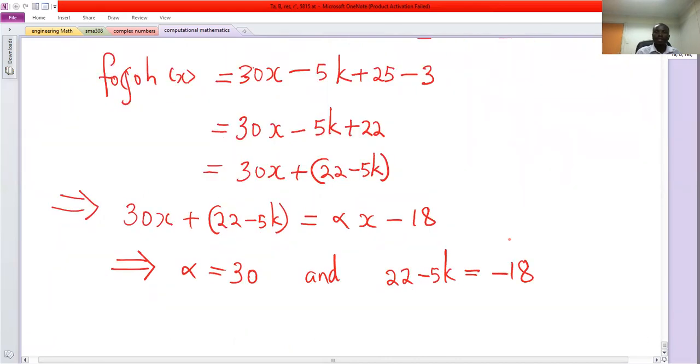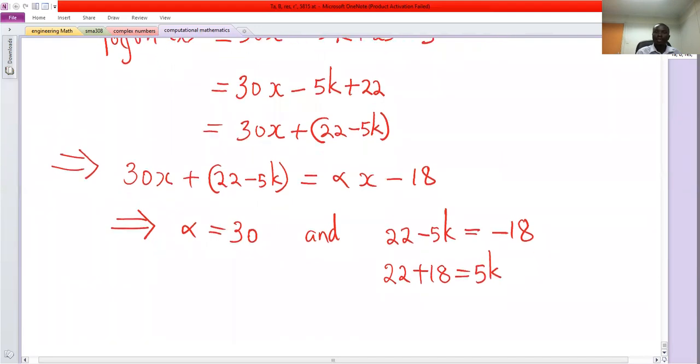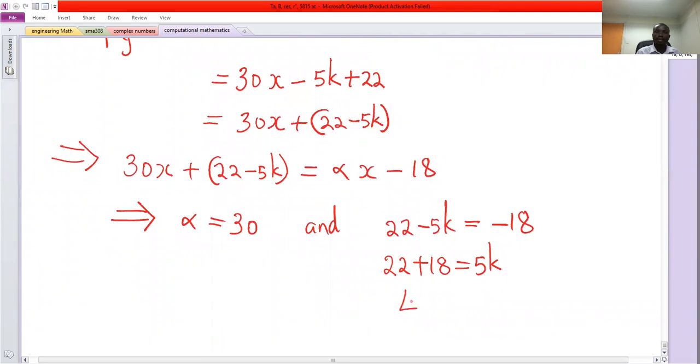So taking this to the right-hand side, we'll have 22 plus 18 equals 5k. 22 plus 18 is 40, equals 5k, which means that k is 8.